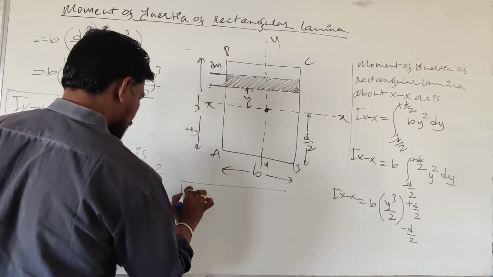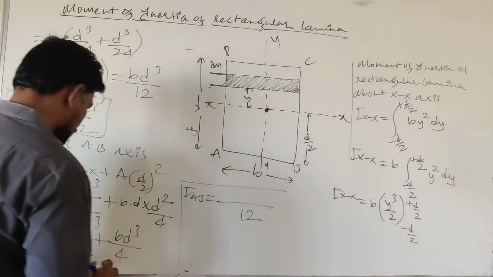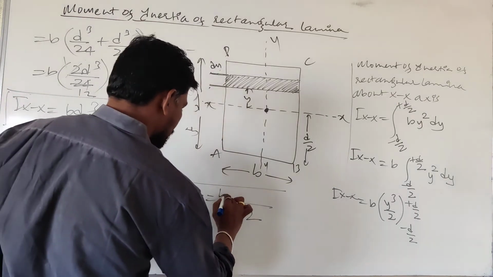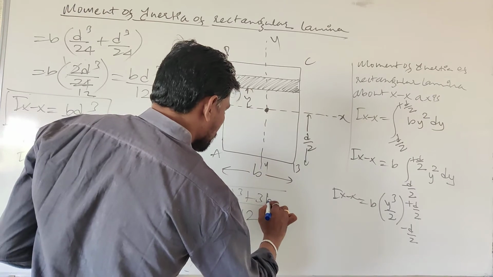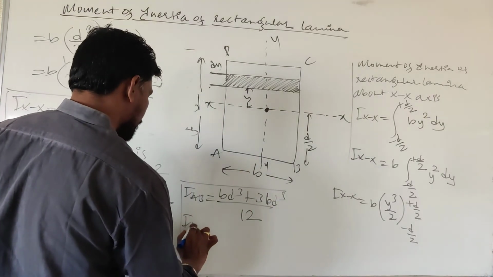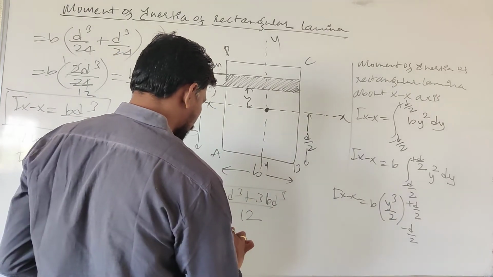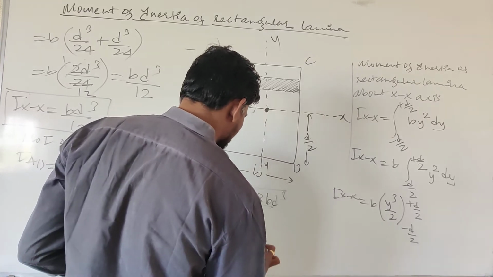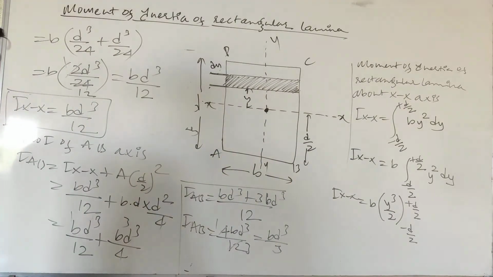So once again IAB is equal to how much? 12 ones are 12, 4 3s are 12, right? So b d cube plus 3 b d cube. So then IAB is equal to 3 plus 1, 4 b d cube divided by 12. 4 ones are 4, 4 3s are 12, so b d cube divided by 3, right?